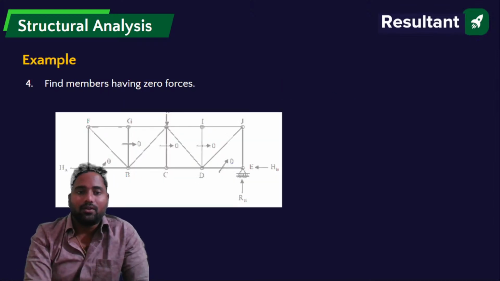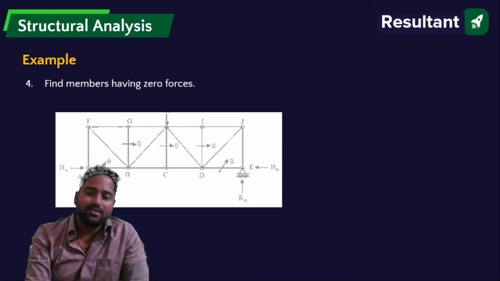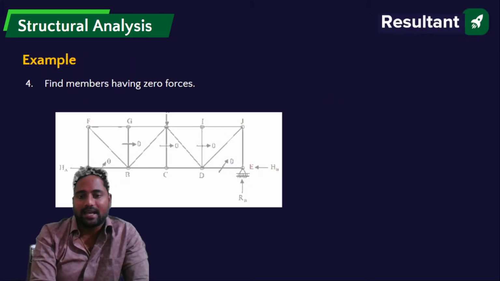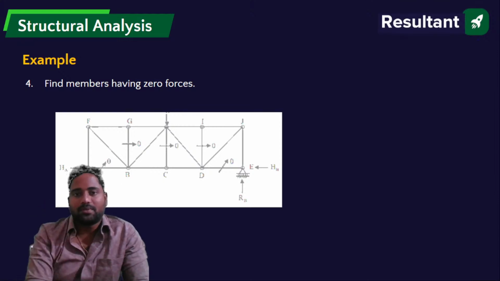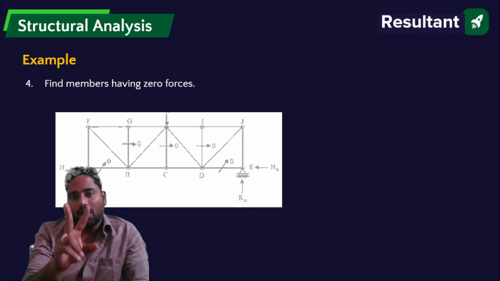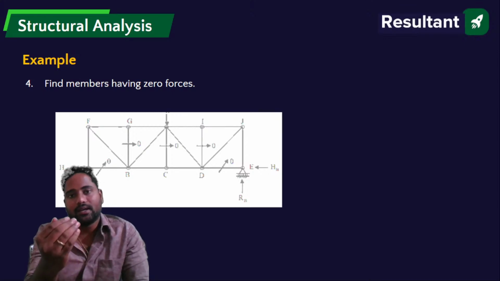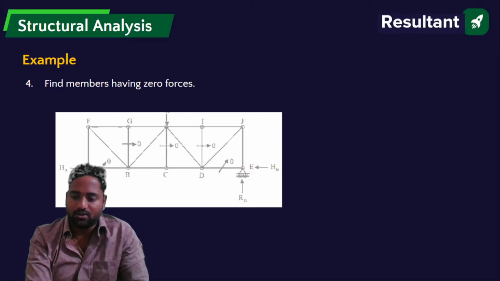Now find the forces, find the members having zero forces. So here you have to find the members that have zero force. As I always say, if three members are meeting at a joint, out of which two are collinear and no force is acting on the joint, then the force in the third member is zero.